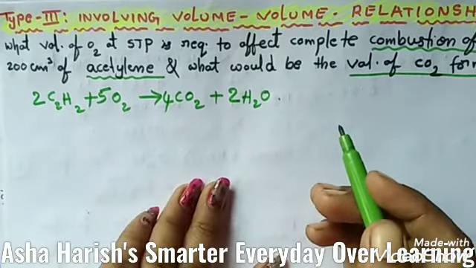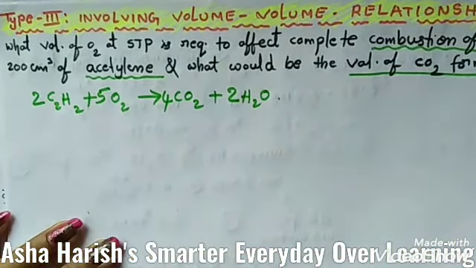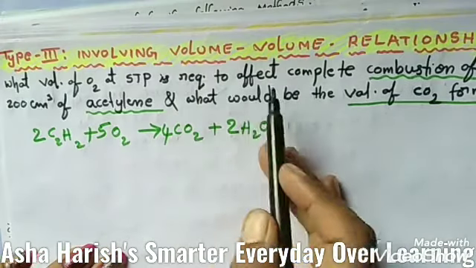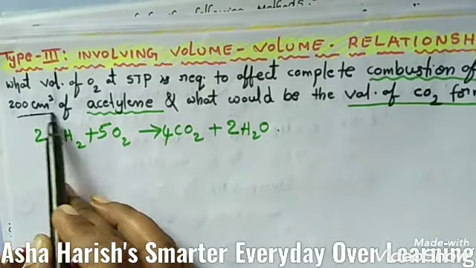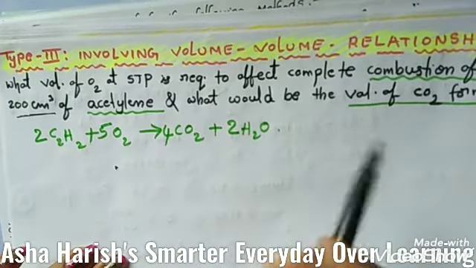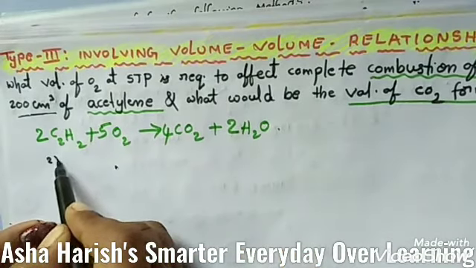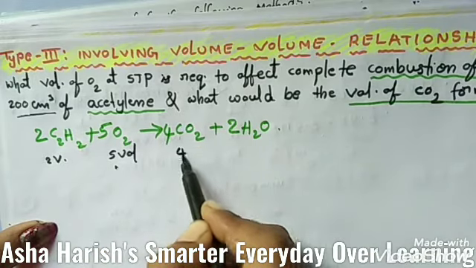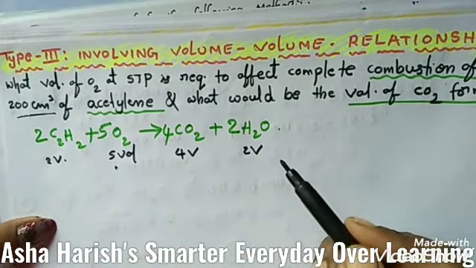Now in step 1, what we have to do is calculate the volume of O2 at STP required to effect complete combustion of 200 centimeter cube of acetylene. Basing upon this chemical equation, we should say that 2 volumes of acetylene, 5 volumes of O2, 4 volumes of CO2, again 2 volumes of water.